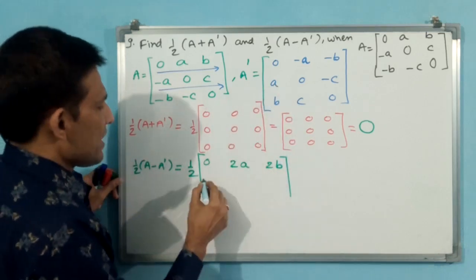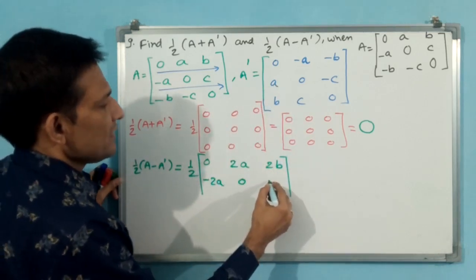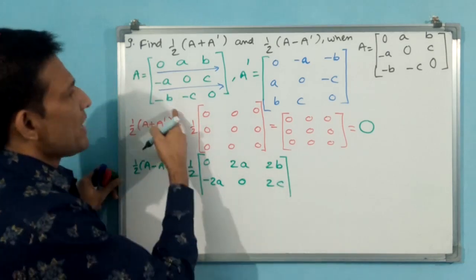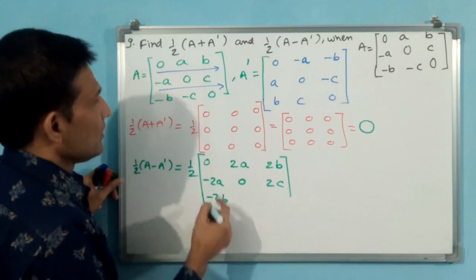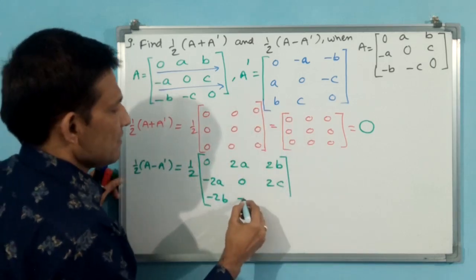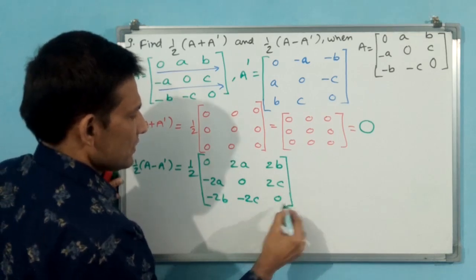Minus a minus 2a, 0. c minus of minus c, 2c. Minus b minus of minus b, minus 2b. Minus c, minus 2c. 0, 0. Okay.